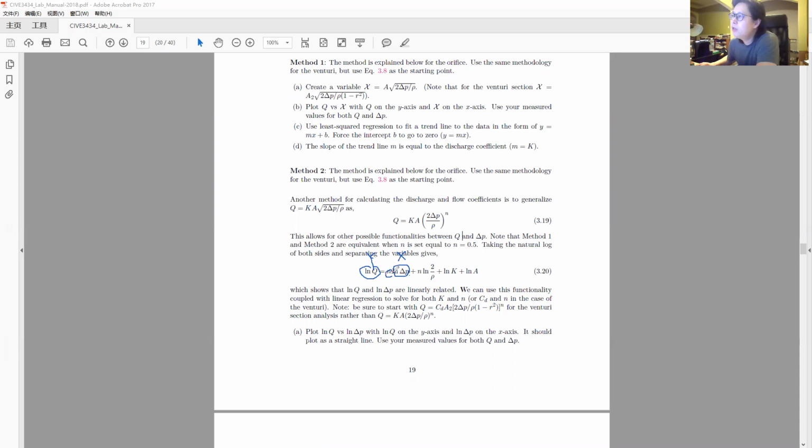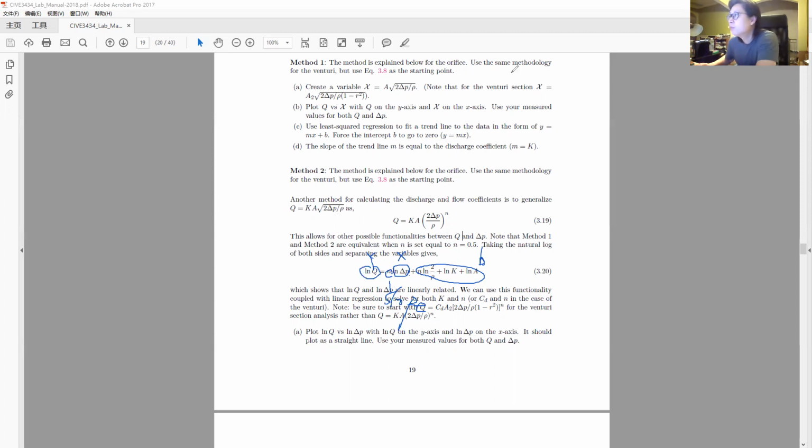So your n is the slope of a straight line, and all these are your b intercept. Why? Because everything in here is a constant. Your density is constant, your slope is constant, your k is constant, and your area is also constant.